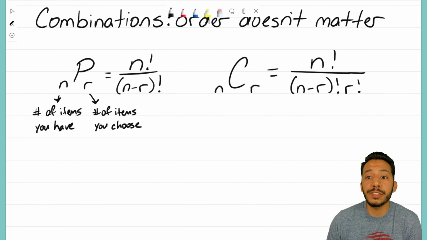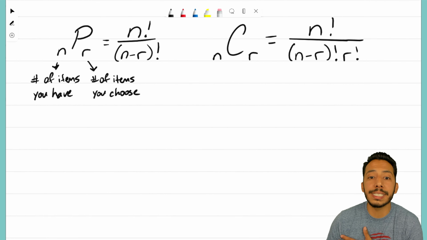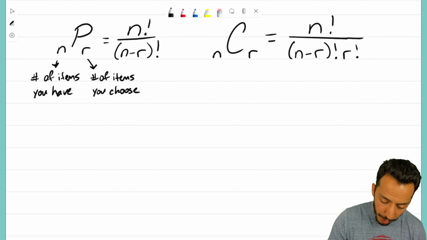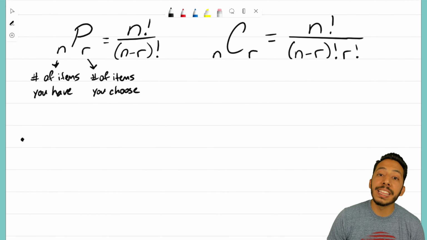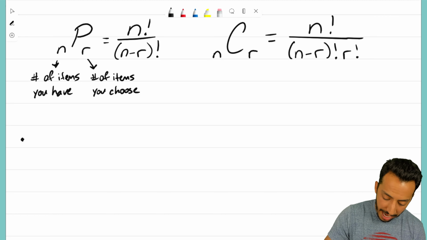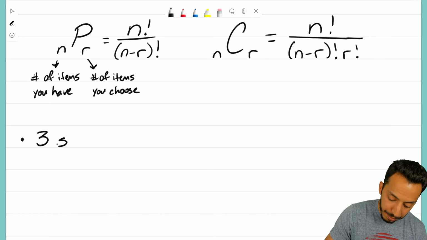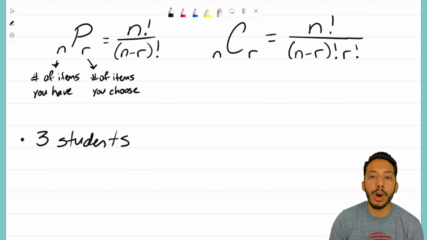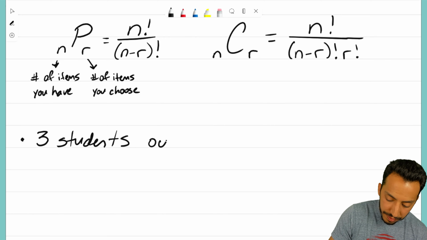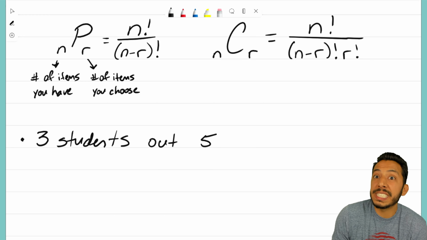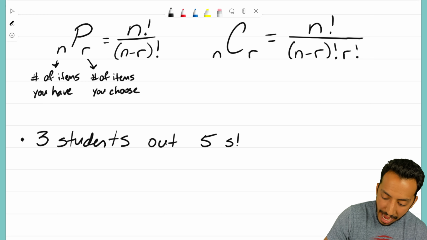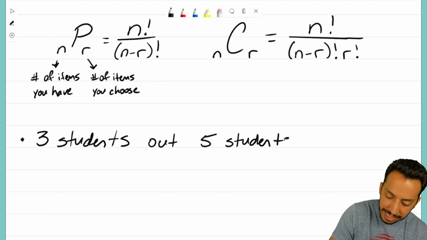Now let's see this formula in action and look through an example problem that will hopefully help you understand that a bit more. Let's say that I need 3 students to help me move. Maybe I'm moving classrooms. So I'm picking 3 students to help me move out of 5 students who stayed after school to help me.